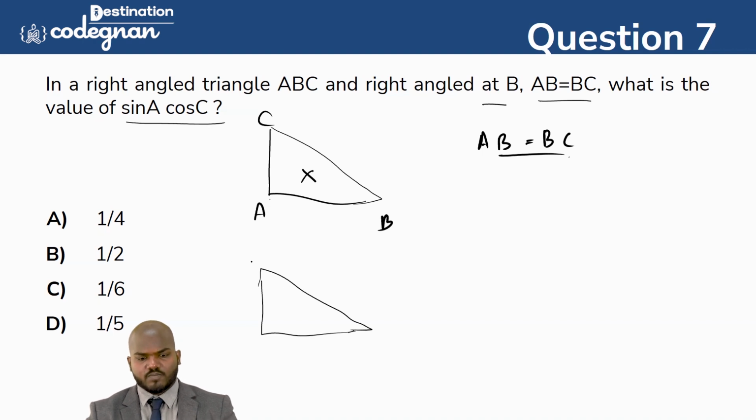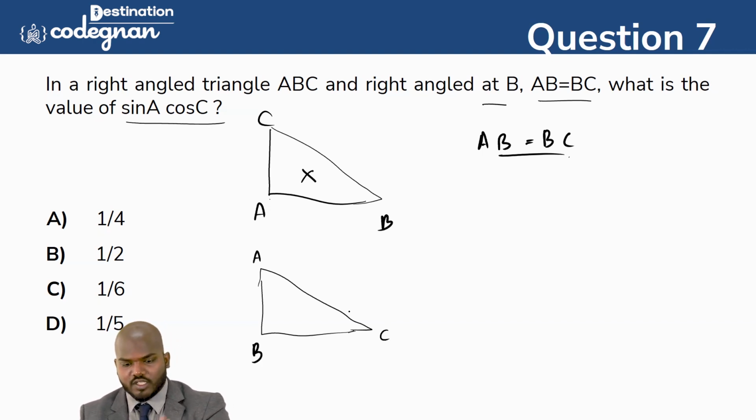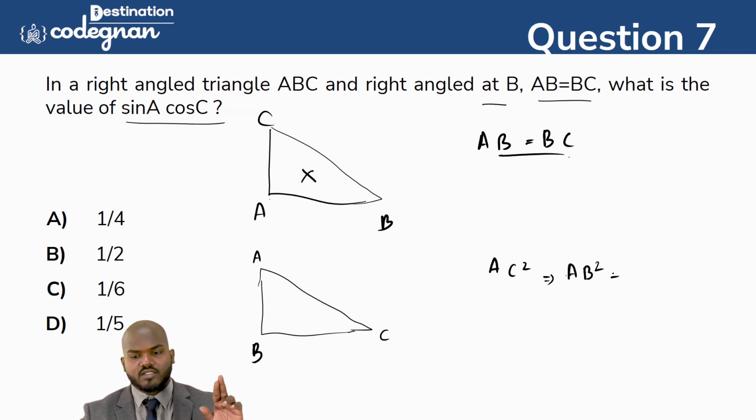So this particular side I can call AC. Now the formula I can write is: hypotenuse AC square, the longest side, equals the remaining squares, that is BC square, because I have already said that two sides have the same value. Then I don't want to go into much detail here.